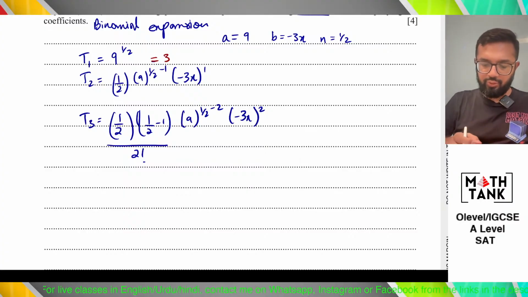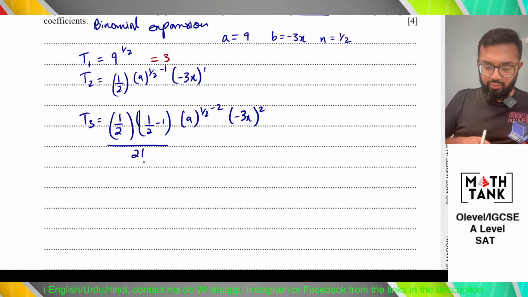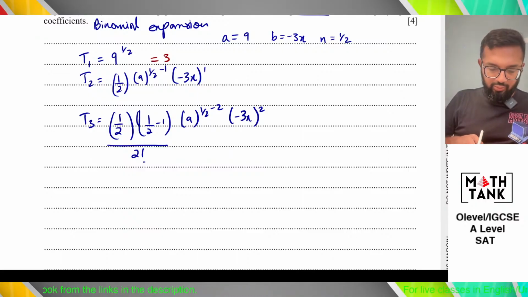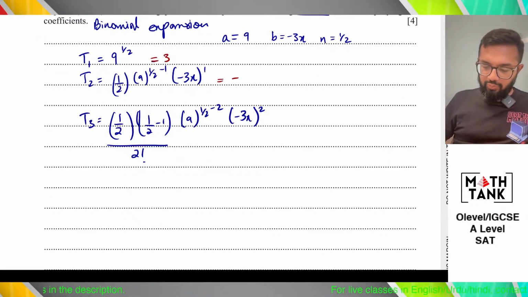Let's then put things on my calculator to avoid silly mistakes. That gives me minus half x.